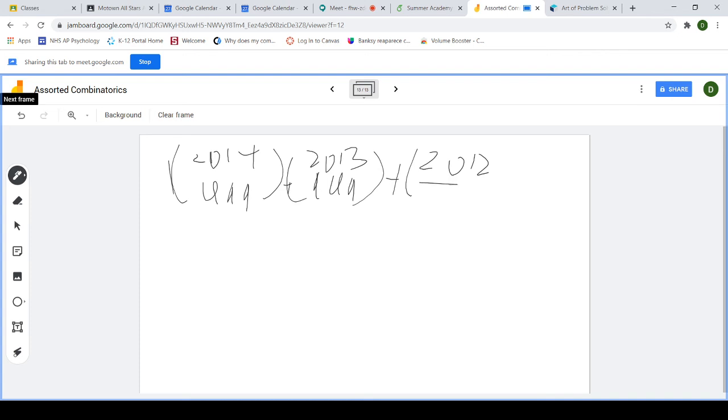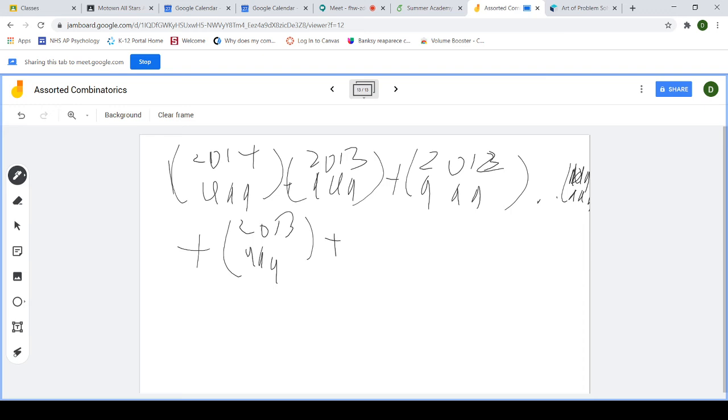Notice that I'm not using any coefficients. 2012 choose 999, and so on, and this will go all the way to 999 over 999. And add to this, we're going to add 2013 choose 999, plus 2012 choose 999, plus 2011 choose 999, all the way down to 999 choose 999.